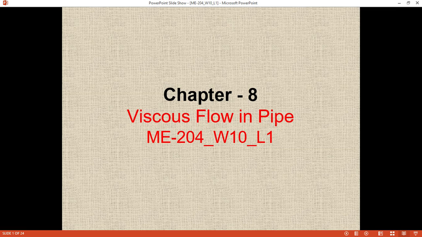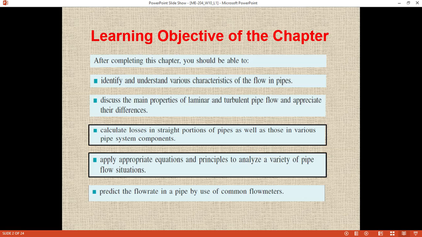And we are still continuing Chapter 8, viscous flow in pipes. These are the learning objectives that we set up at the beginning of the chapter.